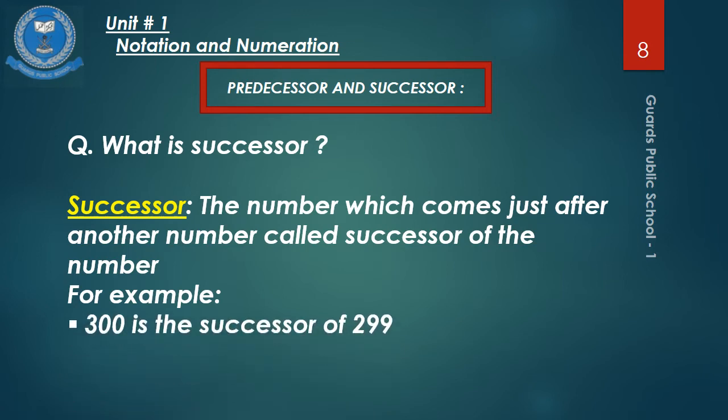There are 2 numbers. So 300 is the successor of 299 because it comes after 299. Like that, 1000 is the successor of 999 because it comes just after 999.